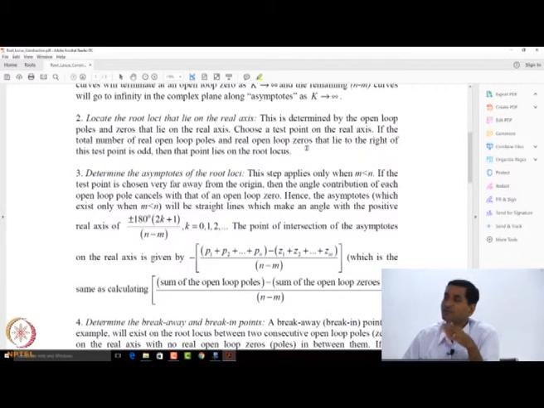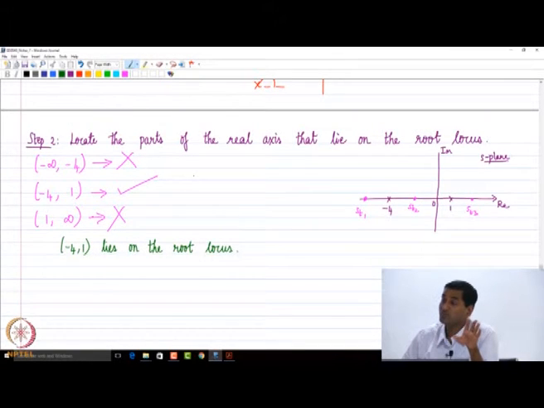Okay. So, we are not worried about n and m here, because I am only looking at open loop poles and open loop zeros on the real axis. In this particular case, n happens to be 2 and both open loop poles lie on the real axis, but that need not be the case always, right?